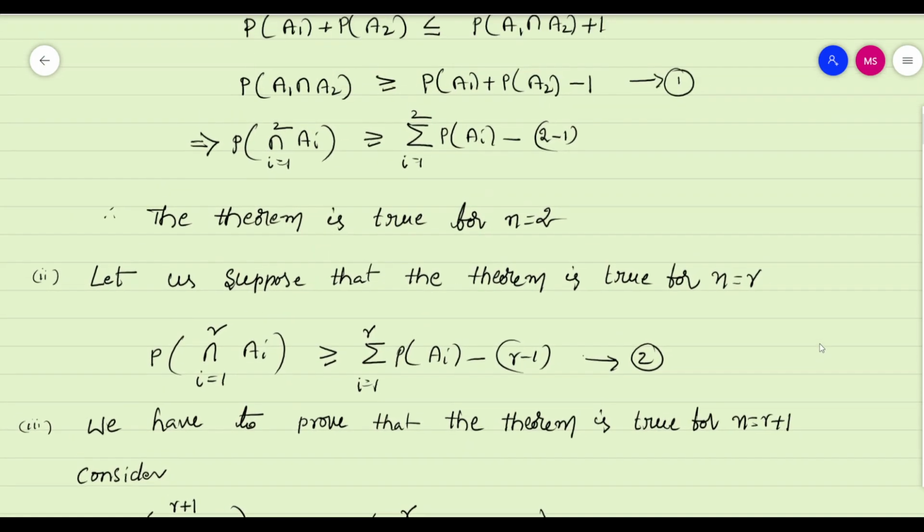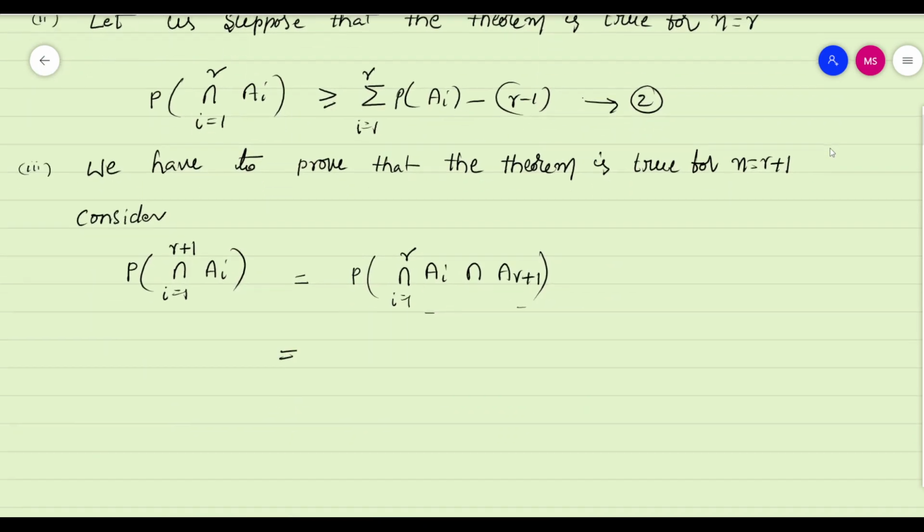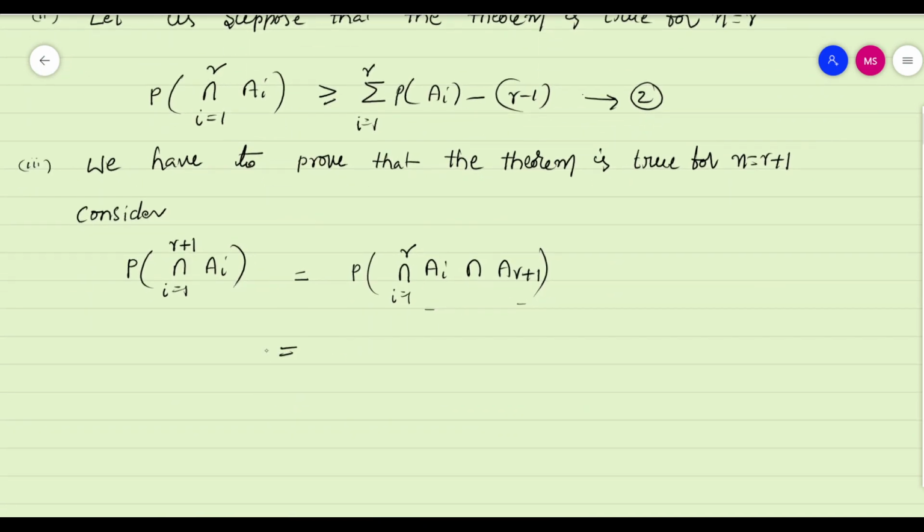P of A1 intersection A2 is greater than or equal to P of A1 plus P of A2 minus 1. So this is greater than or equal to P of intersection i running from 1 to r of Ai plus P of A(r+1) minus 1.